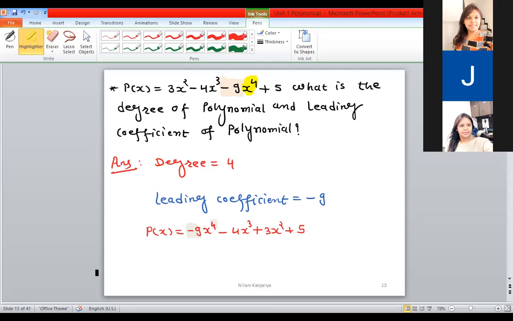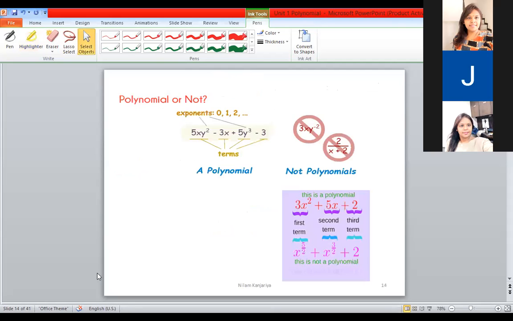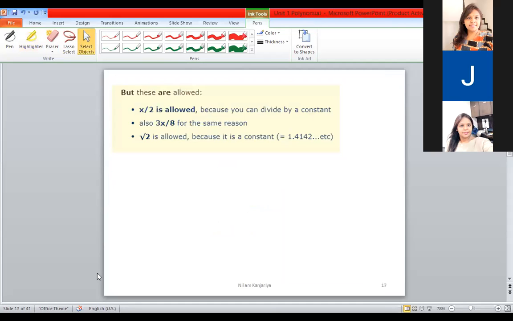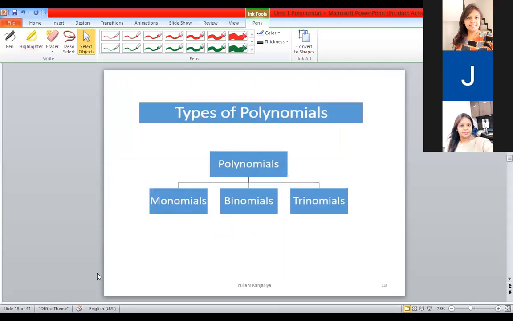Now let's move on to the next type of polynomial. Our next topic is types of polynomial, and the type of polynomial depends on the terms. How many terms are in this polynomial?